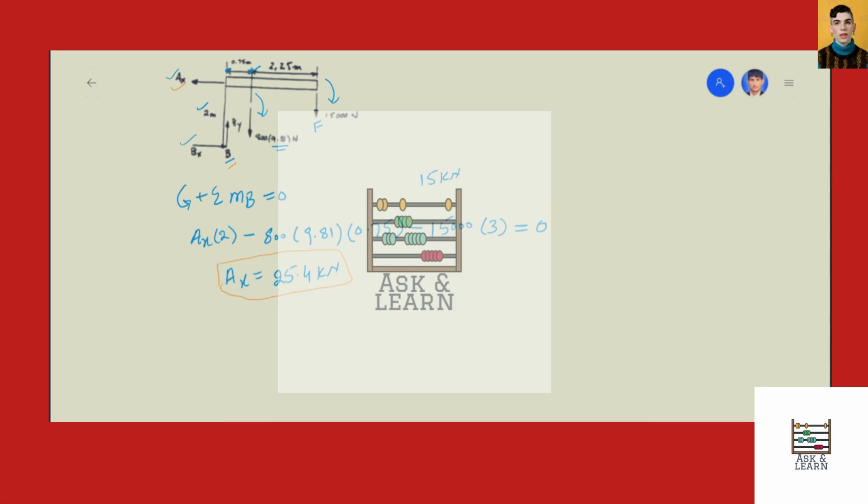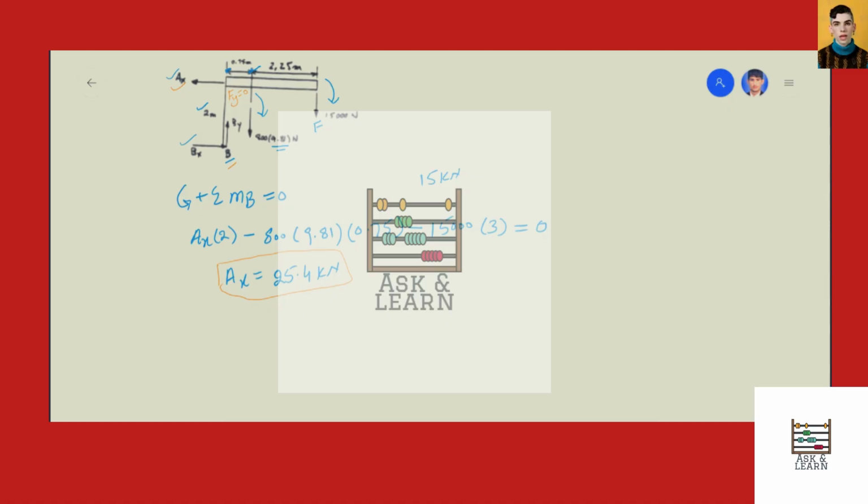For that, we need the summation of all forces in the y direction. The force at point A is equal to 0.